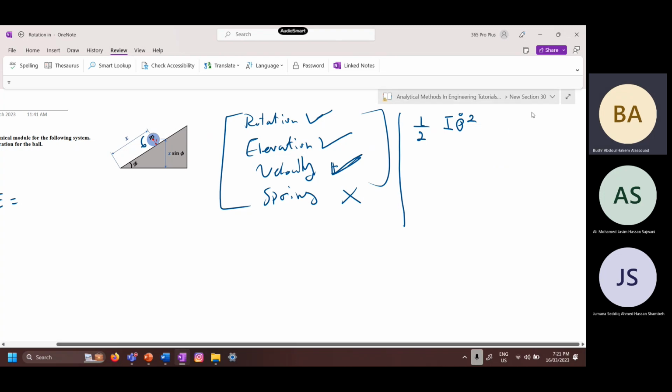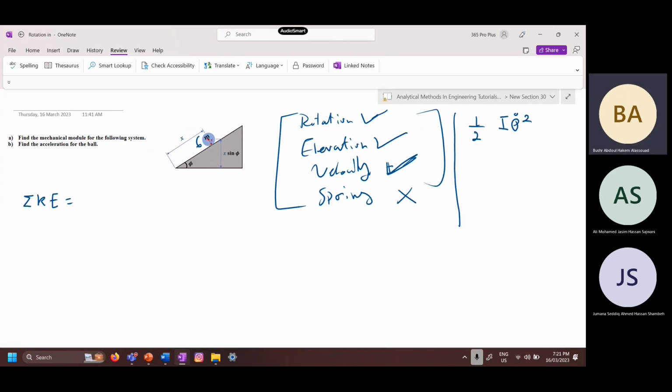Now you need to substitute the equations that you're going to use according to these properties that you obtained. The first kinetic energy is for the velocity, half m x dot squared.